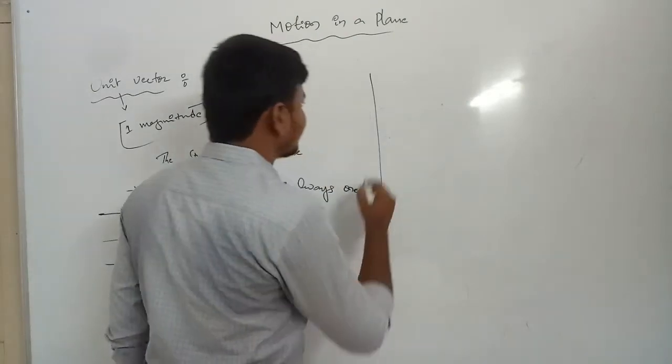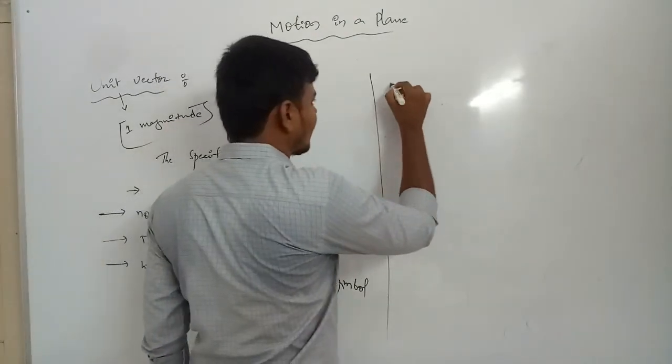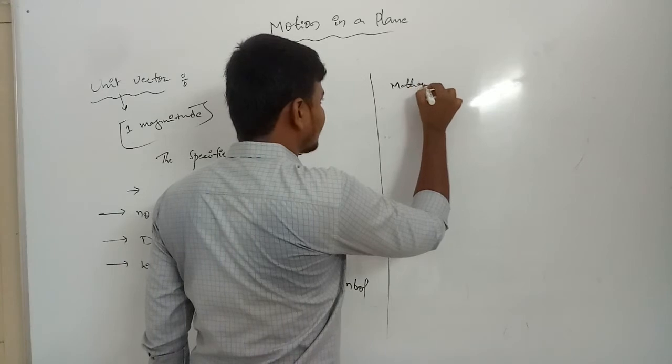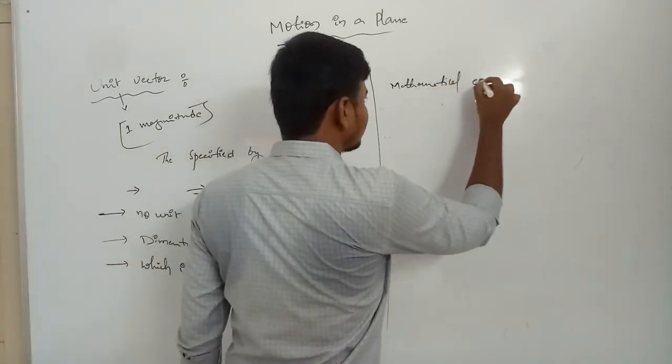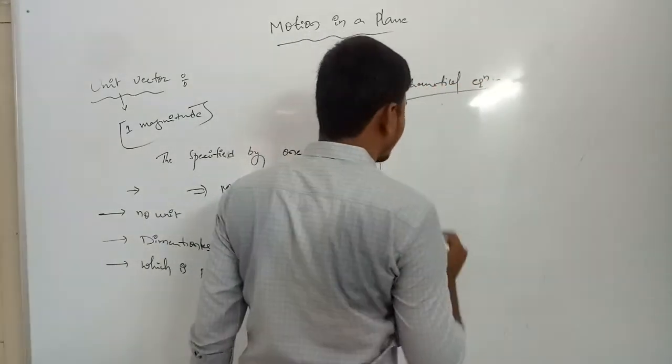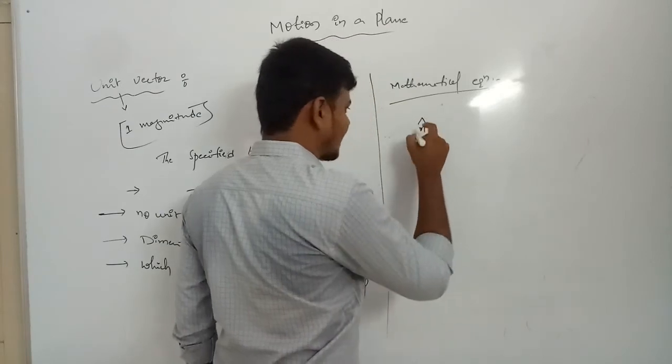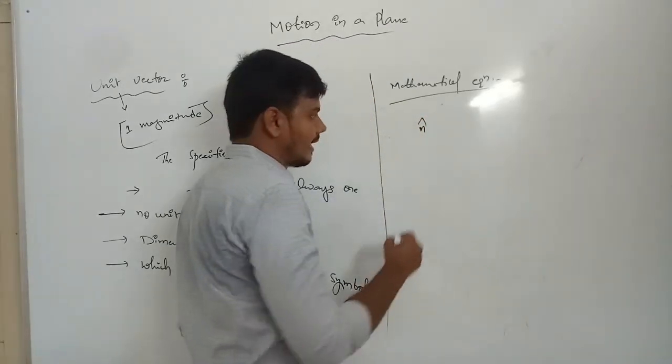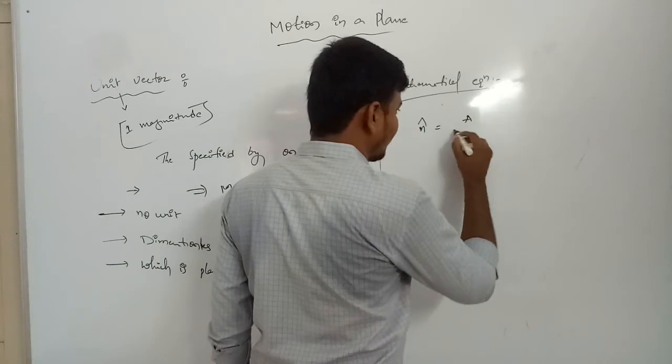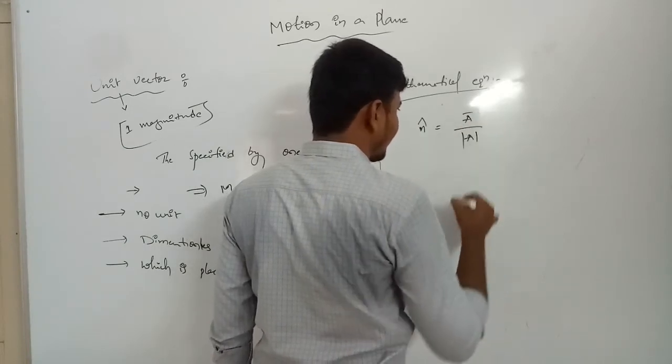The mathematical equation: n cap is equal to a bar by mod a.